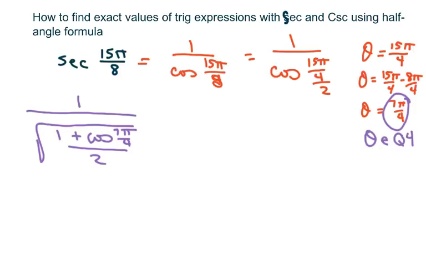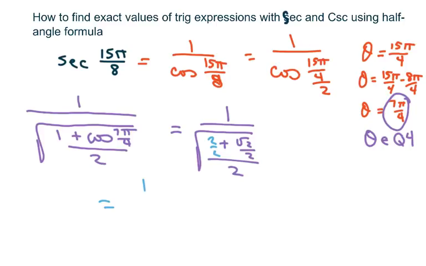And what you're going to get equals 1 over square root of 1 plus square root of 2 over 2, divided by 2. I go ahead and change this right here to 2 over 2.